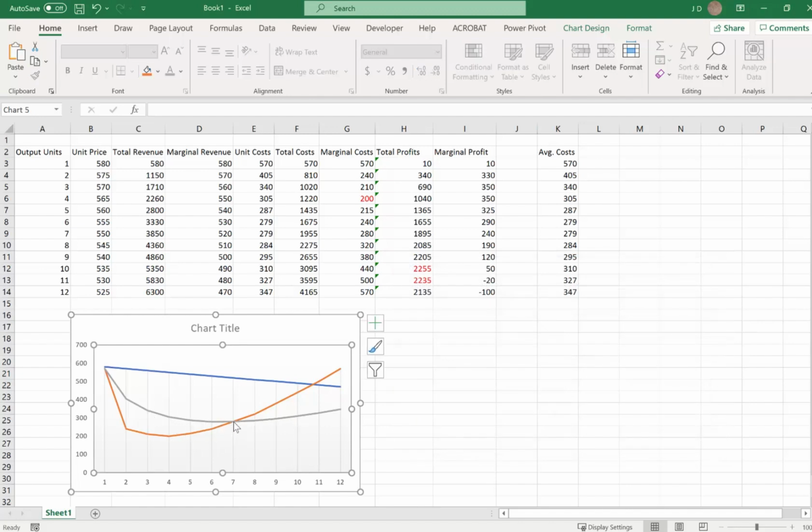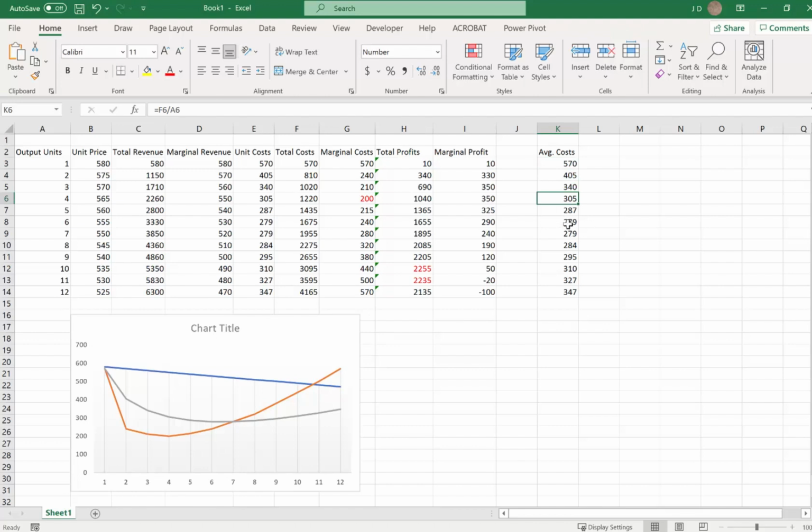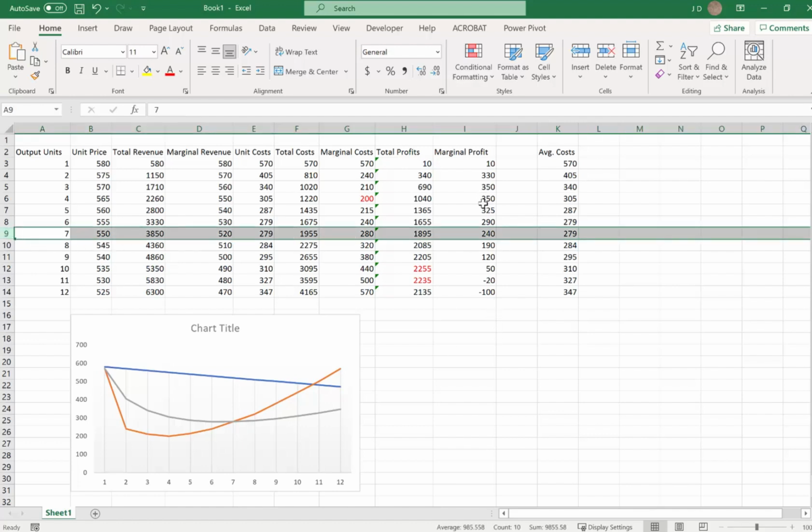The average cost always intersects with your marginal cost, remember the orange line is the marginal cost, at its lowest point. You can see the lowest point of the average cost is somewhere around 279. That's where it intersects with your orange line, which is number 7 right here.